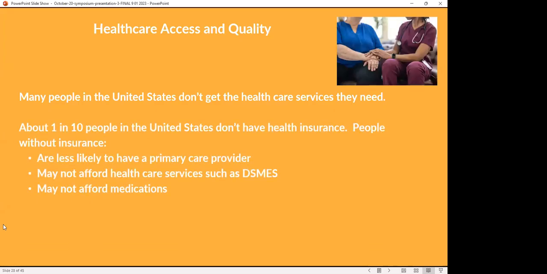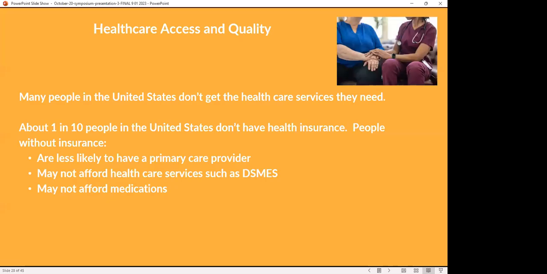It means that about 1 in 10 people don't have health insurance, and that people without health insurance most likely may not have a primary care provider, may not be able to afford healthcare services such as diabetes self-management education services, and may not be able to afford certain medications.